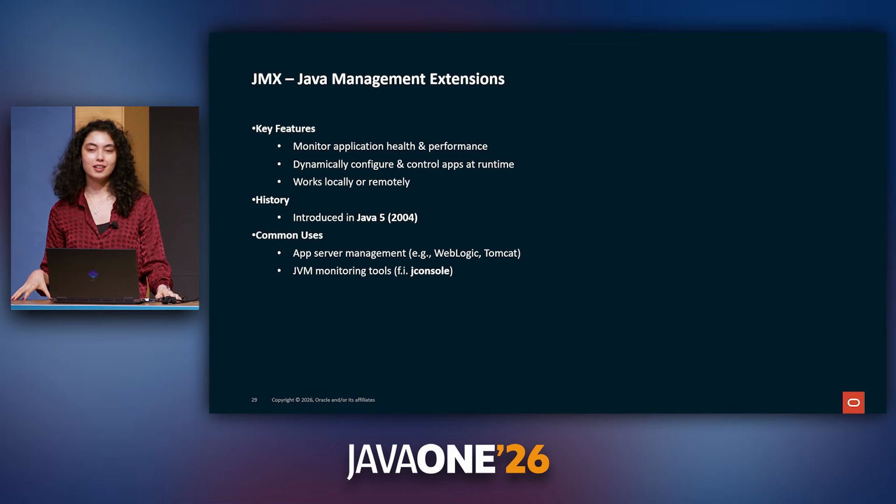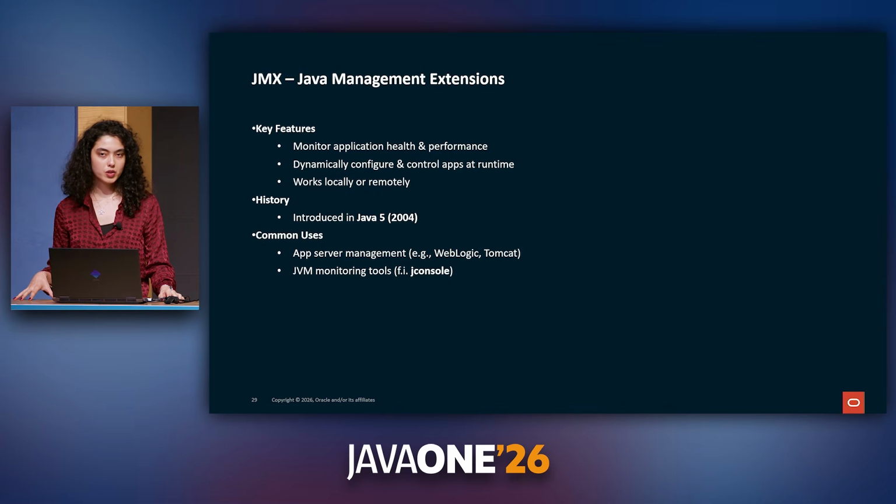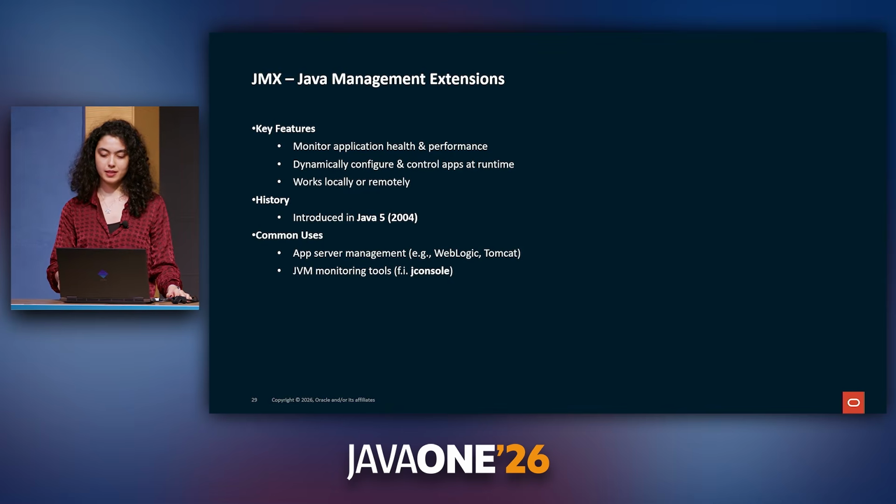So it's definitely not a new trend, but it is a very powerful and useful feature. It's an extension that allows you to monitor applications and also dynamically configure and control them. And many third-party tools and application servers like WebLogic and Tomcat use JMX.